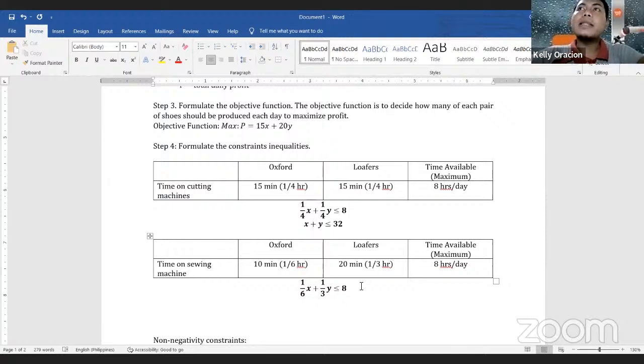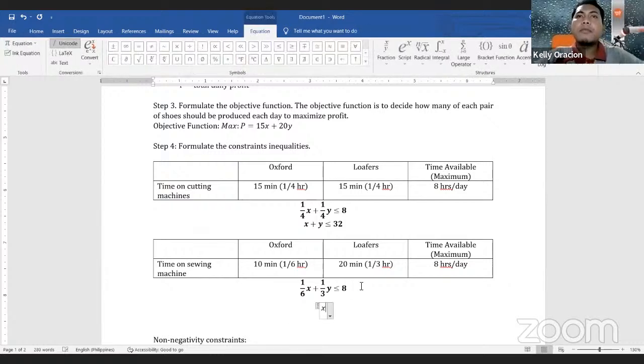Multiply both sides by 6, so it becomes X plus 2Y is less than or equal to 48. Maging ganito na yung equation natin.